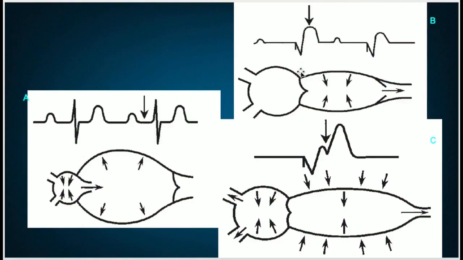And picture C shows the consequences of the effect from diagram B. This results in loss of AV synchrony and the venous pressure is increased. You can see the backflow, and multiple symptoms may occur.